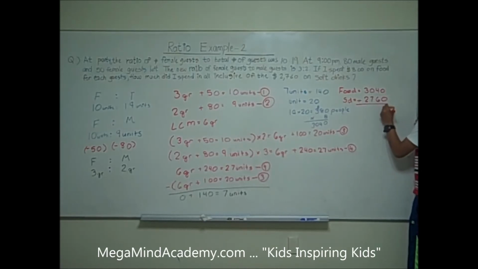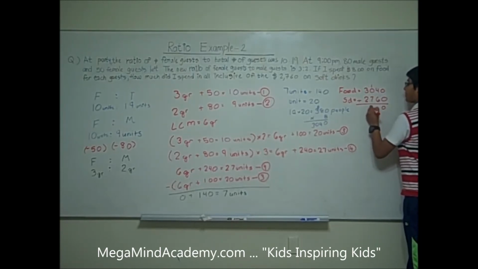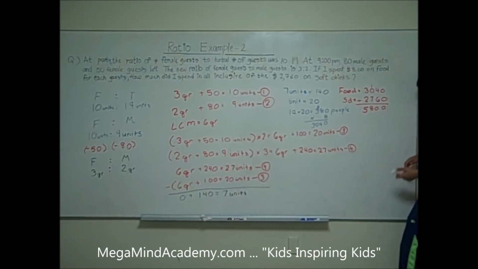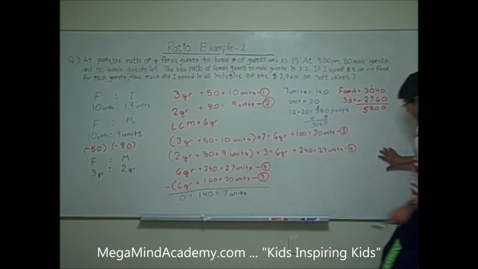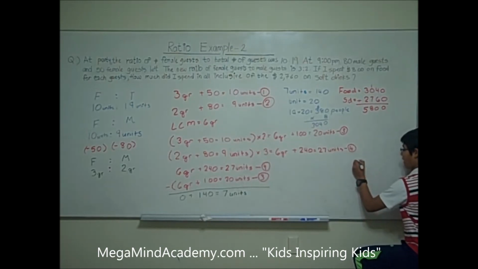I get 0 plus 0 is 0. 4 plus 6 is 10. You put the 0 down here and you carry the 1. 1 plus 0 plus 7 is 8. And 3 plus 2 is 5. So in total, I spent $5,800.